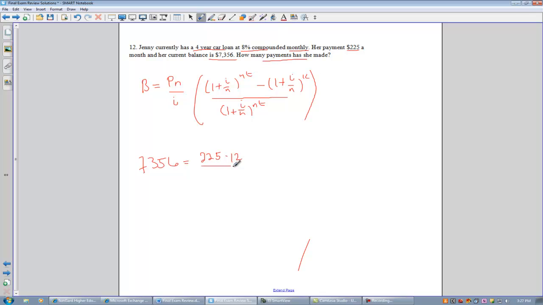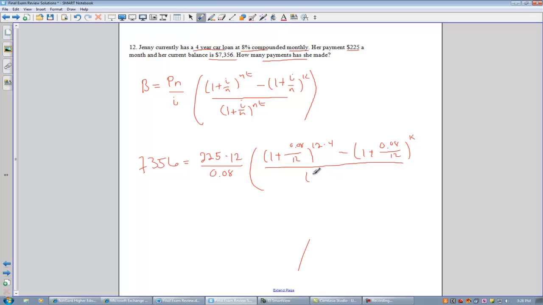I is typically pretty easy to remember. It's the interest rate, so that's 0.08. And then I have 1 plus 0.08 over 12, to the 12 times T. Now T is the number of years, and so that's 4 years, minus 1 plus 0.08 divided by 12 to the K. Now I don't know K. That's actually what I'm looking for, because it says how many payments has she made, and K is the number of payments.